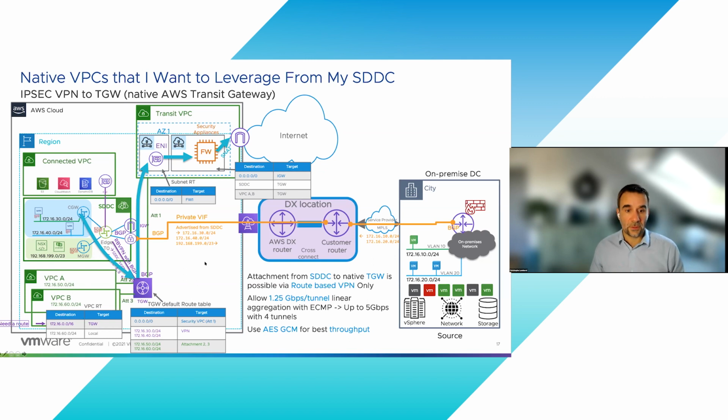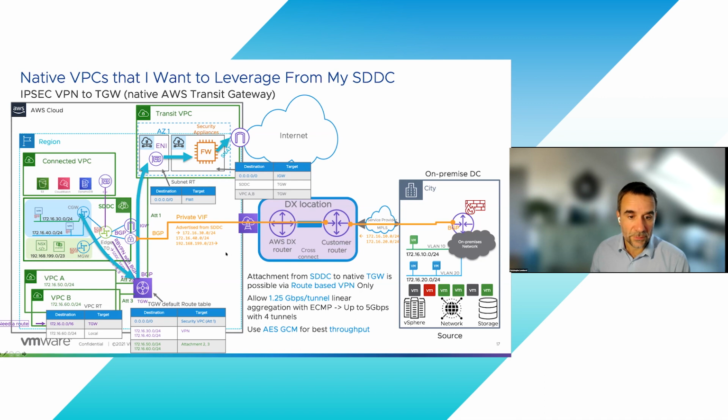This is a typical and standard architecture. Transit VPC is an AWS standard architecture and something that most of our customers want to leverage as well. And this is something we allow.